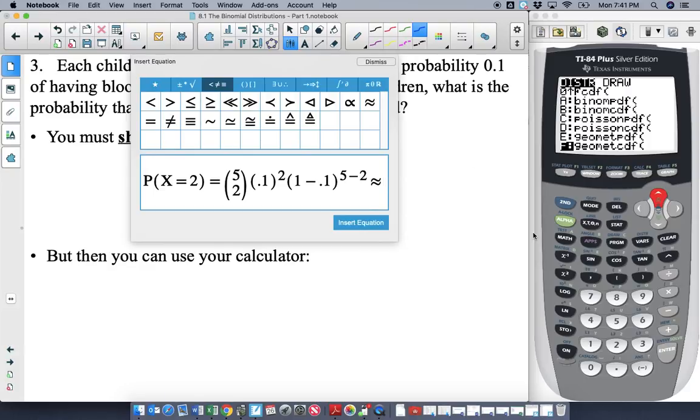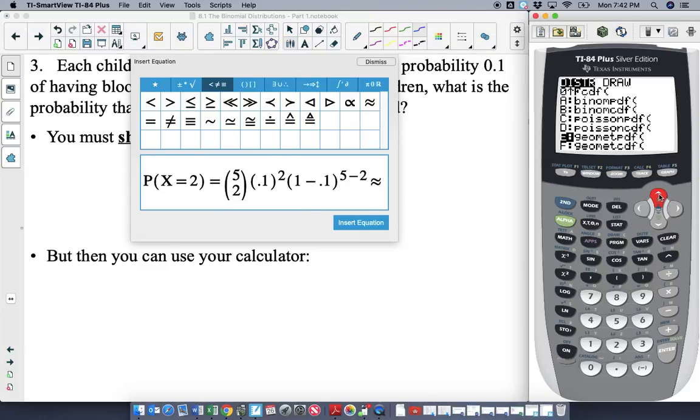and then in my calculator, here's what I would do. I would go to second vars, and then letter A is the binomial PDF. I'll show you CDF here in just a little bit, but the binomial PDF is the binomial probability distribution function, but I think of the P as one particular value.